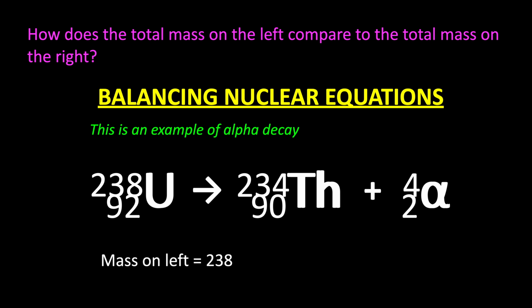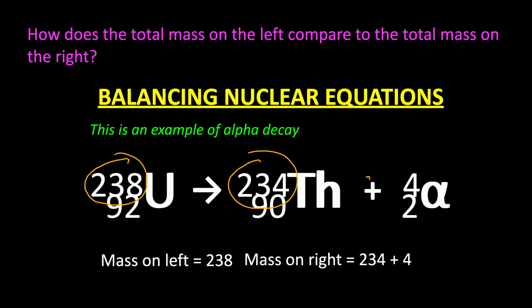It's really important to note the mass on the left-hand side, which is given by the mass number 238, is equal to the mass on the right-hand side, which is equal to 234 plus 4.